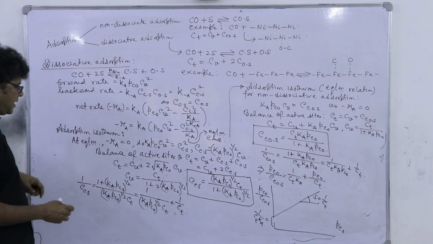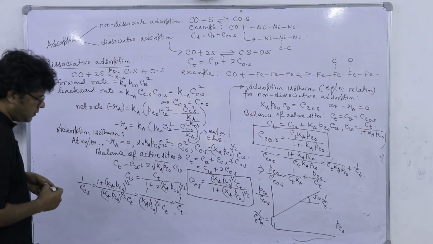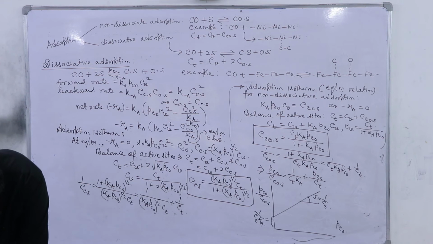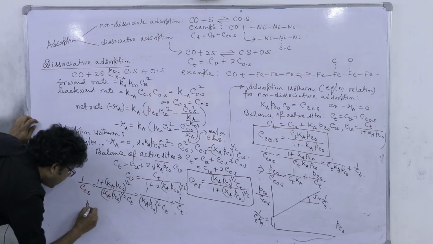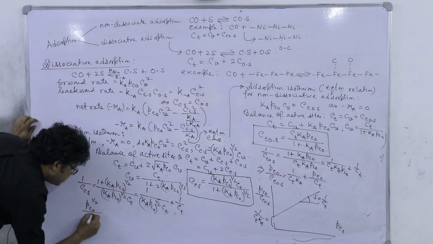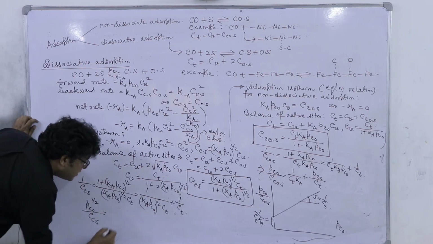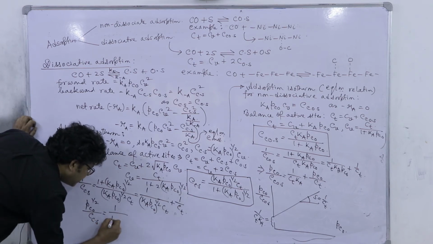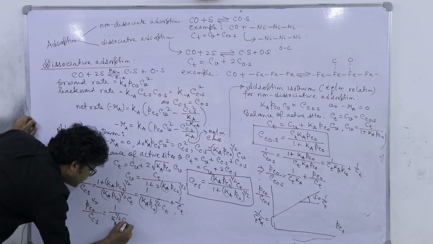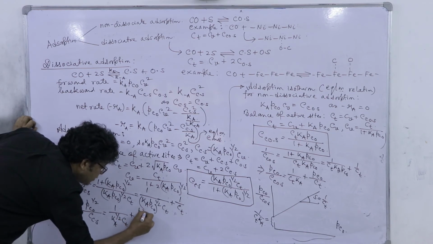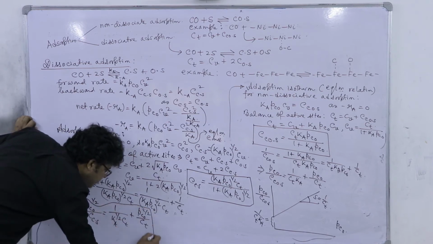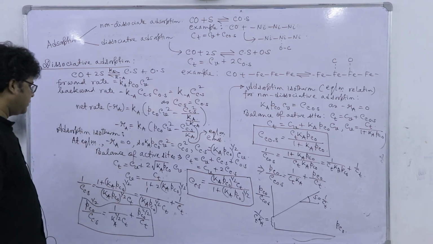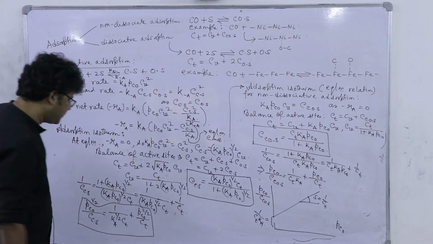If we multiply both sides by PCO to the power half, this divided by C_C·S is equal to 1 divided by Ka to the power half into Ct plus PCO to the power half divided by Ct. So, this is the linear form of the dissociative adsorption isotherm.